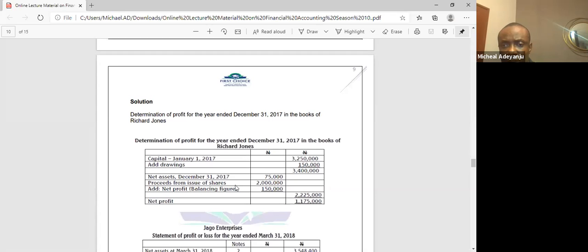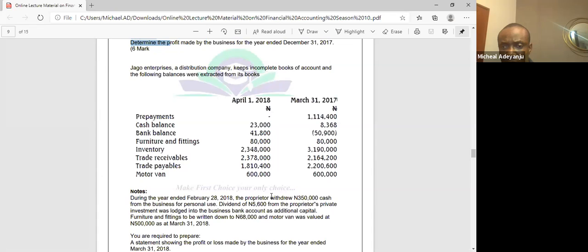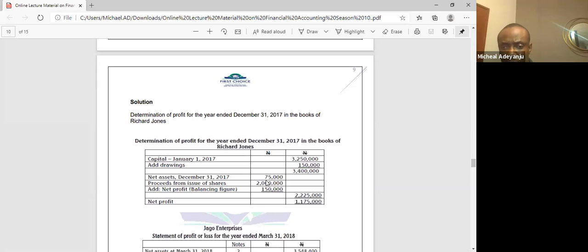And now we have net assets of, as of December, to be 75,000. So what is our net assets here? By the time we subtract our assets from our liability, it's going to give us 75,000. Proceeds from shares.